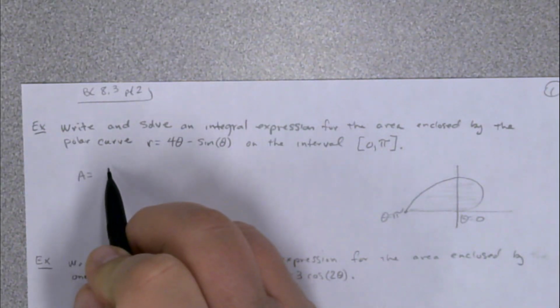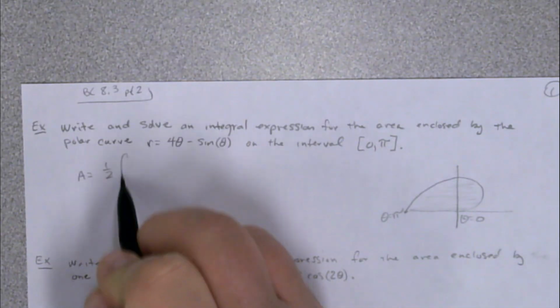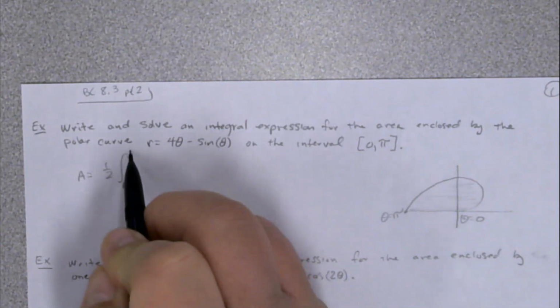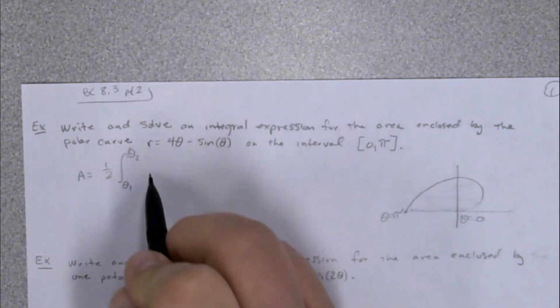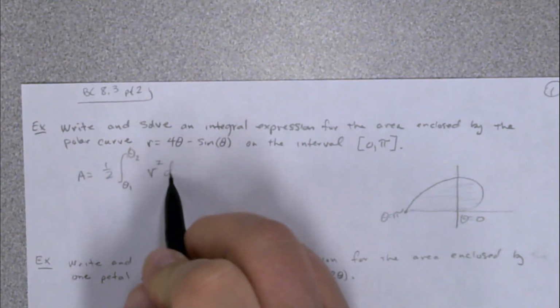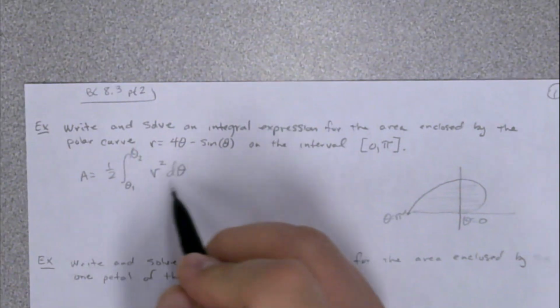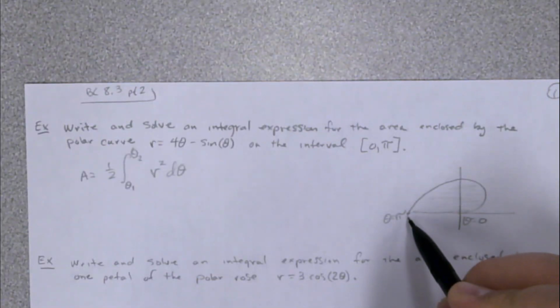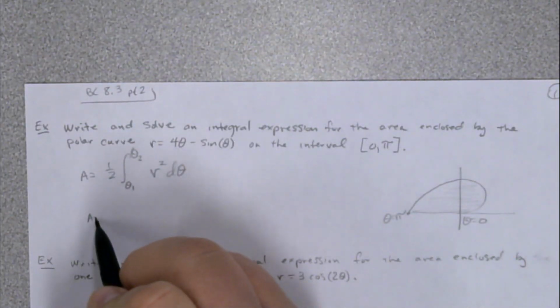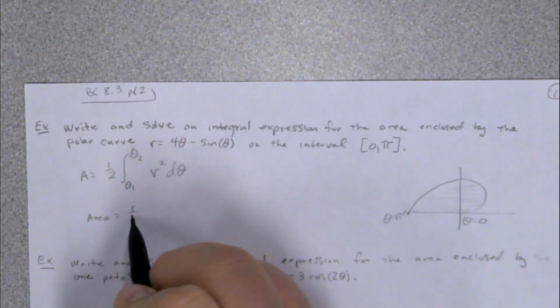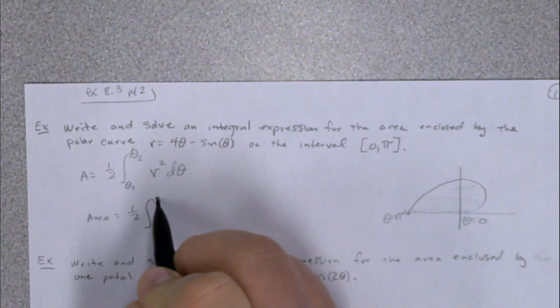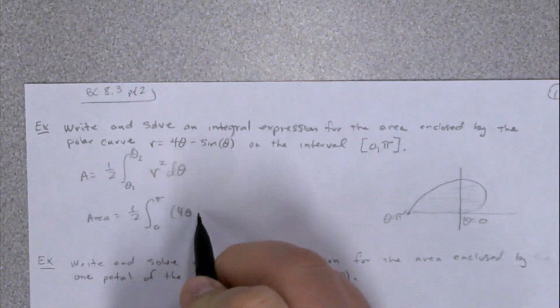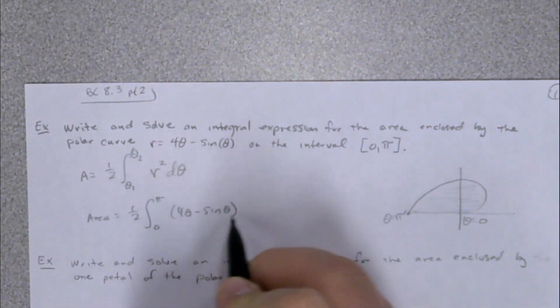Well, my formula for the area is 1/2 the integral from the first angle to the second angle of r squared d theta. So r is this, my first angle is 0, my last angle is pi, and so my area is going to be 1/2 the integral from 0 to pi of (4 theta minus the sine of theta) squared d theta.